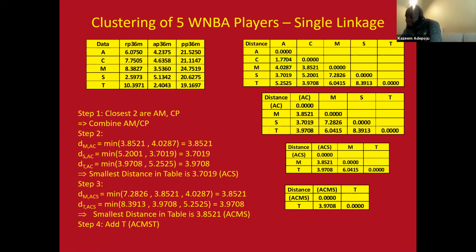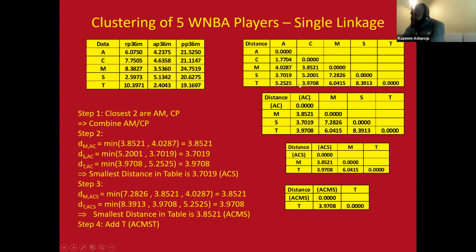Now, if I compare that with S, looking at AC and S, what is the minimum between 3.7019 and 5.2001? The minimum is going to be this one. And the last one here, what is the minimum?